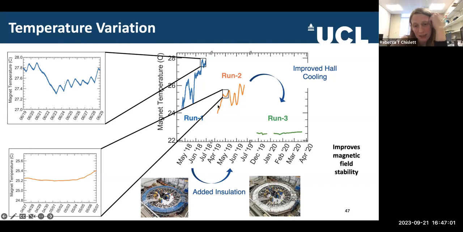This had some impact. The variation in temperature was reduced, but it wasn't until run 3 that we actually managed to reach a stable temperature. That was because we introduced a much more stable cooling system in the hall, which kept the hall temperature constant and therefore the magnet temperature constant. This means that the magnetic field was also more stable, and therefore improved the measurement.